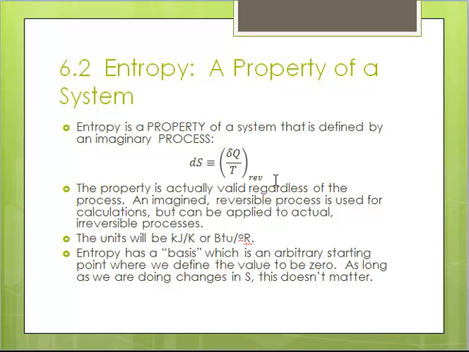I can imagine a reversible process, I just can't build one. But that means I can calculate it based on these imagined processes and get answers that are independent of the actual process of getting there. So that's actually more useful than it sounds like it's going to be.